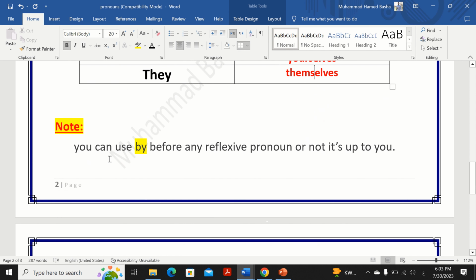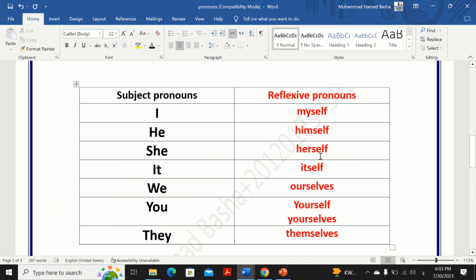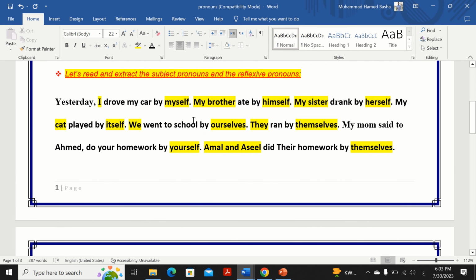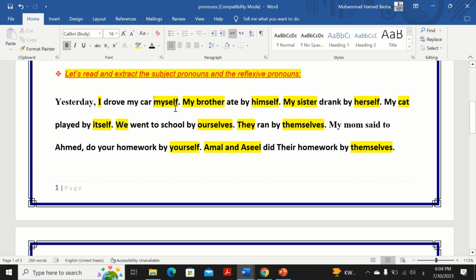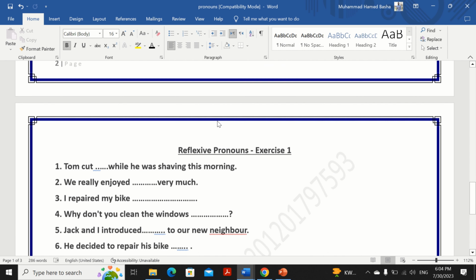Note, you can use by before any reflexive pronoun or not. It's up to you. You can put by, I drove my car by myself, or drop it, I drove my car myself. Both are correct.